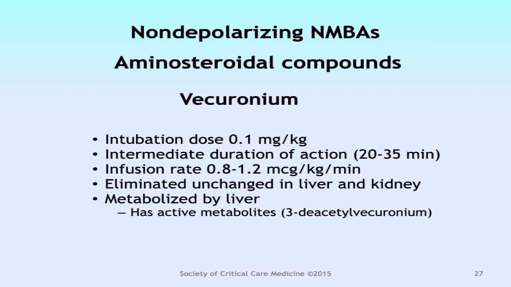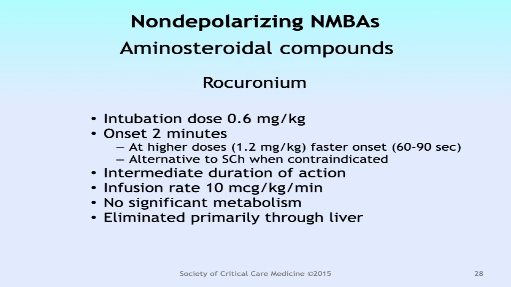It can also go through the kidney and liver, so it can be prolonged in patients with organ dysfunction. Again, rocuronium is an aminosteroidal compound for intubation dose, and it is faster when given a higher dose, and it can replace acetylcholine if there are contraindications in situations of short procedures like intubation.